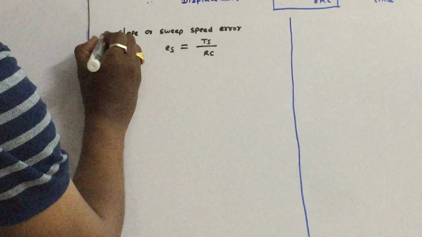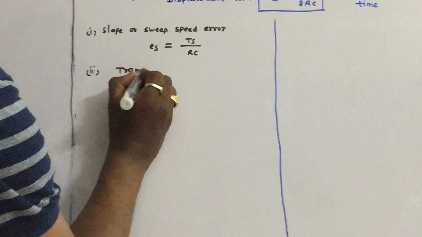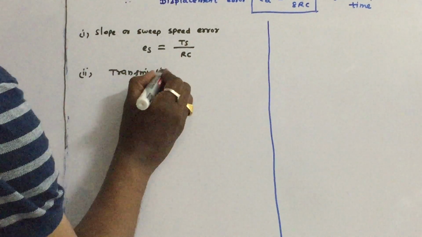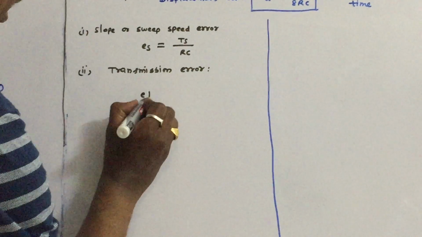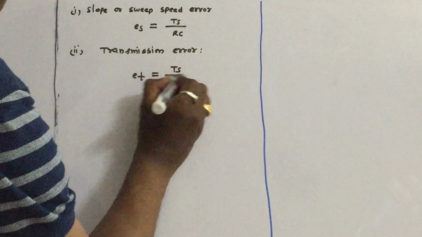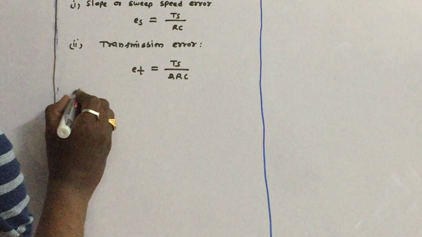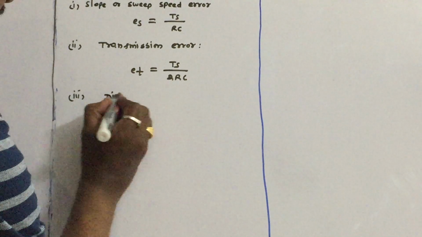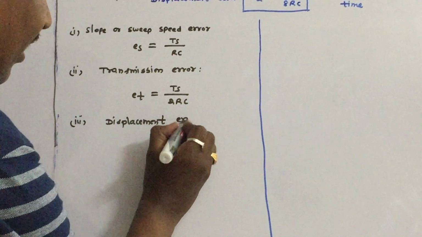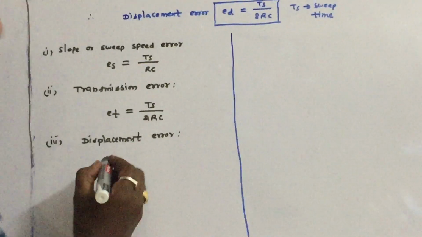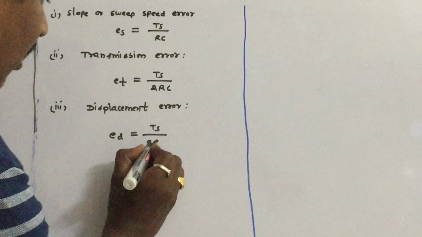The second one is the transmission error, for which we have derived a very simple formula, represented with Et. Et is Ts by 2RC. The third error is the displacement error, represented with Ed, which is equal to Ts by 8RC.